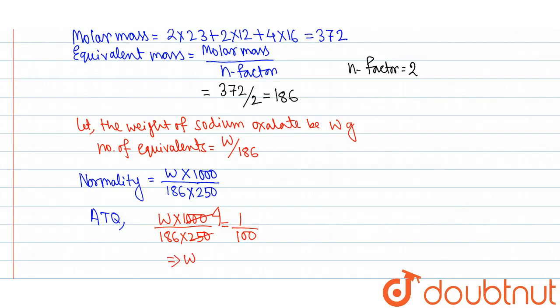So the given mass W will become 67 divided by 2 into 4. So the result will be 8.375.